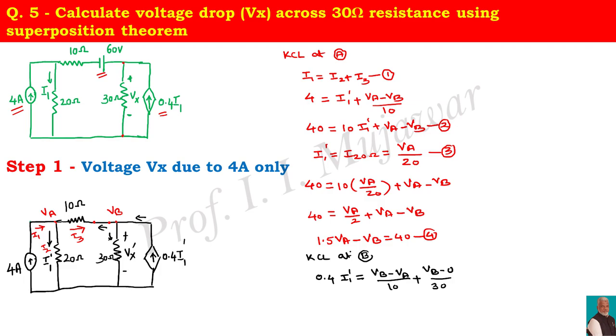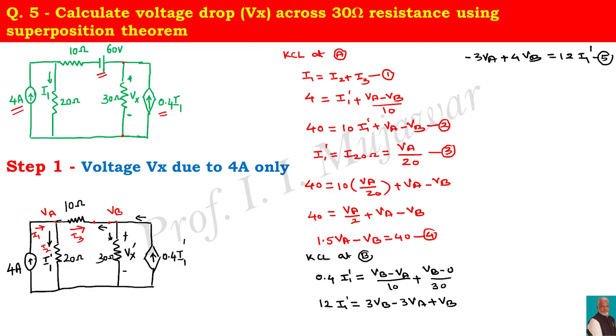So if you multiply the entire equation by 30, then that value comes to be 12 I1 dash, that is equal to 3 VB minus 3 VA plus VB. Okay, so if we write this equation like this, let this be equation number 5. Now again I1 dash is given.